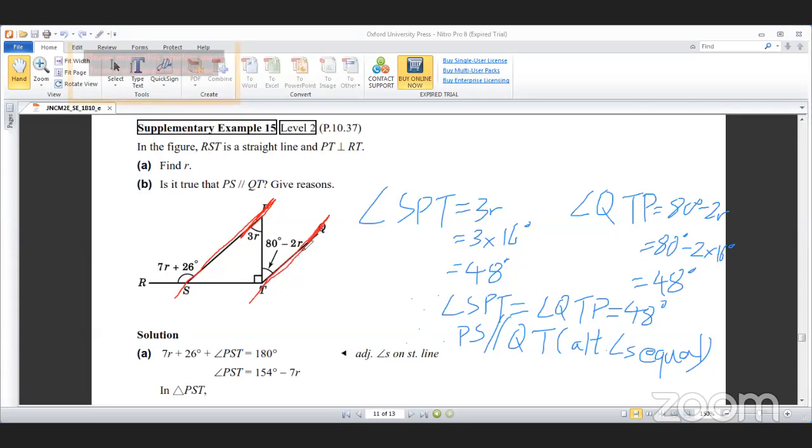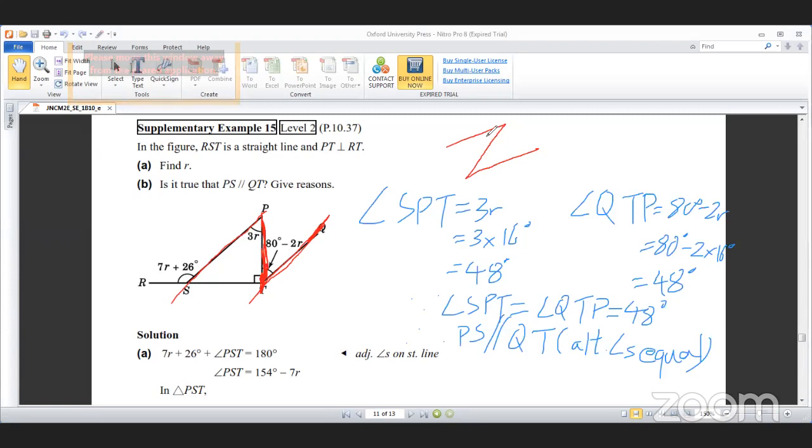We want to check whether they are parallel. And then you can see there's another line here. It means I have a diagram like that, and I don't know whether these two lines are parallel.